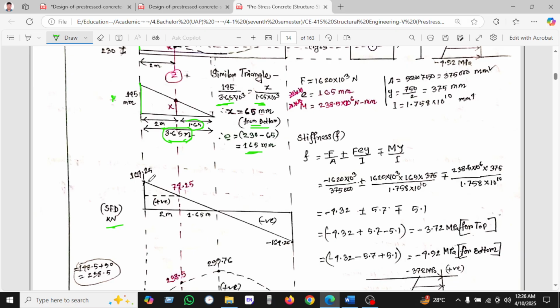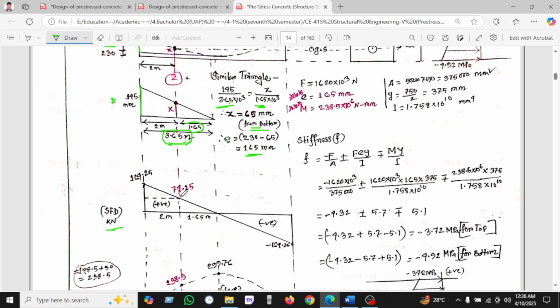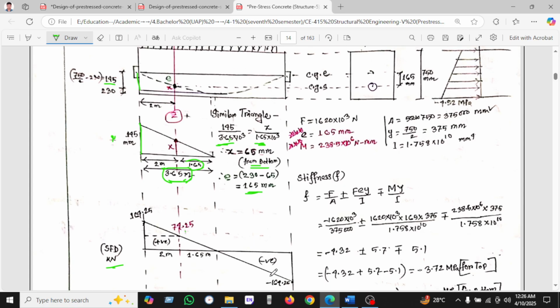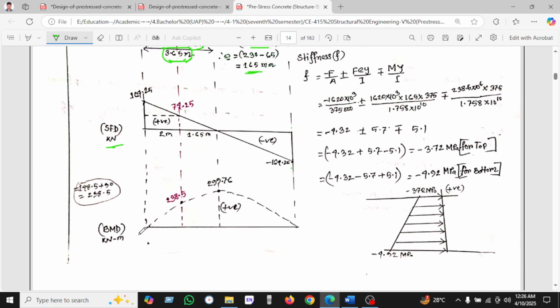So taking the 165 upward, and then down to 65, and it will be 0. And in this way we can calculate the bending moment diagram. This is the bending moment diagram; we can see here 238.5, and the maximum bending moment we found is 299.